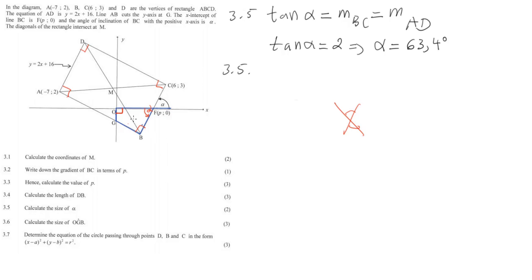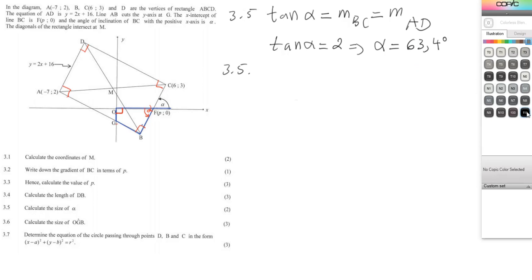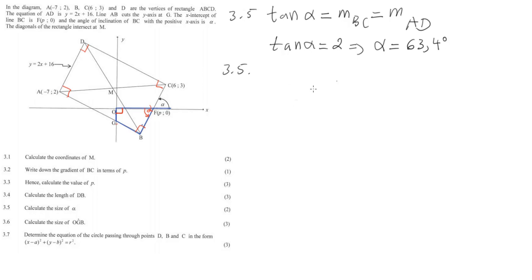These two angles should give you 180 degrees. So we say the angle OGB will be equal to 180 minus 63,4 degrees.